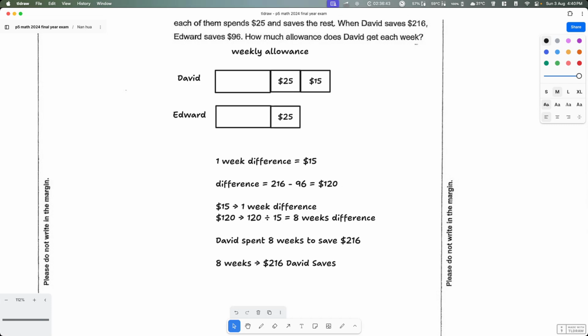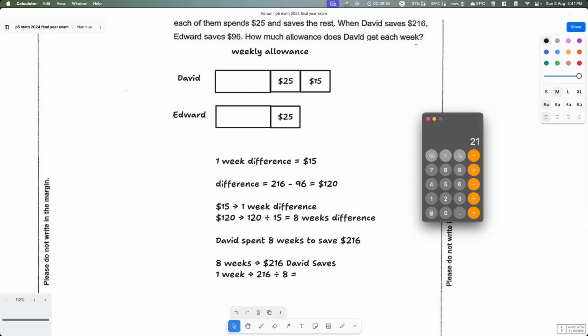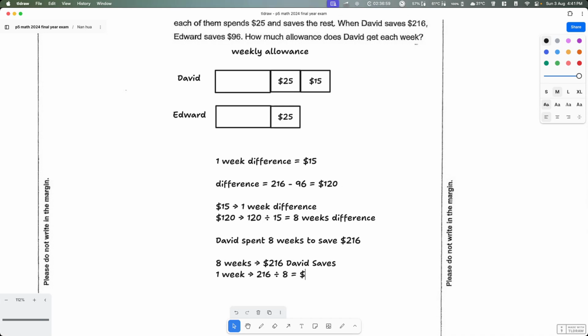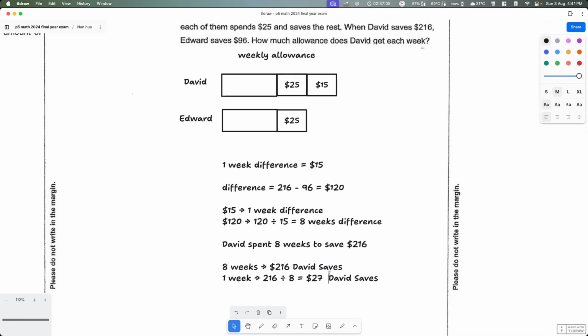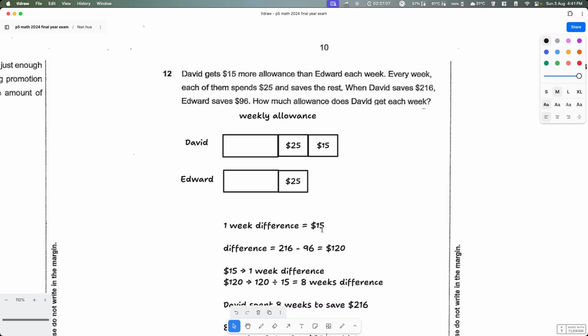Then 1 week is equal to 216 divided by 8. What's 216 divided by 8? This will give us $27. So in 1 week, David saves $27.